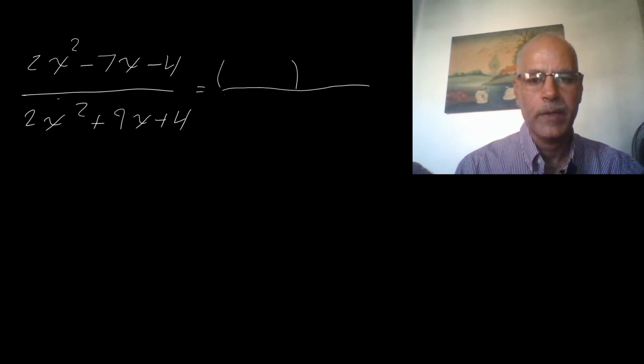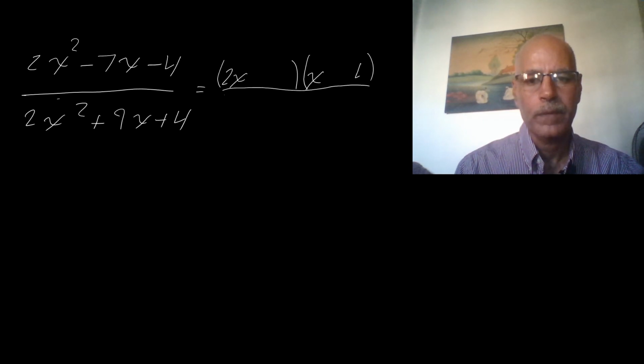Let's do two brackets. It's x and x. But where is the 2? It's 2x. No, no, no. 2x squared, 2x and x.